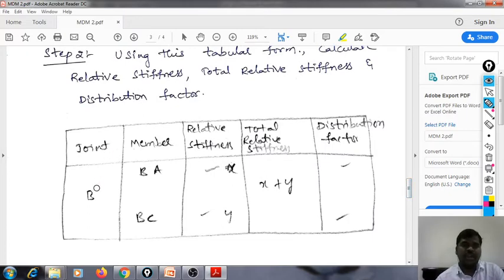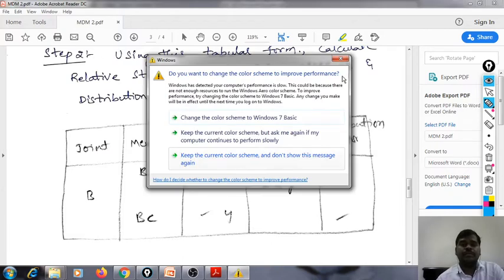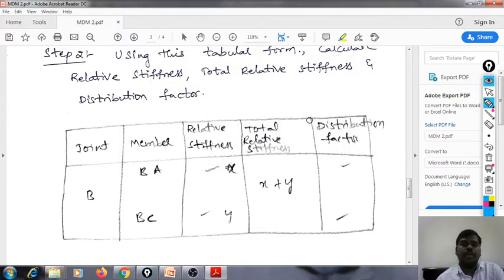After that, the second step is we have to use this tabular form, in which there are the joint and the members from the joint. If there are 3 or 4 members, you can use 4 members here, and the relative stiffness, this is I by L and 3 by 4 I by L. We have both formulas. And again we have total relative stiffness, that is x plus y, which is the sum of the individual relative stiffnesses.